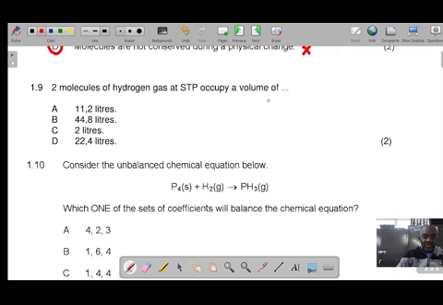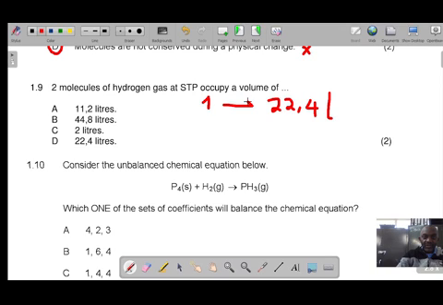In other words, one molecule of nitrogen at STP has 22,4 decimeters cubed, or 22,4 liters. Likewise, one molecule of hydrogen gas at STP has 22,4.